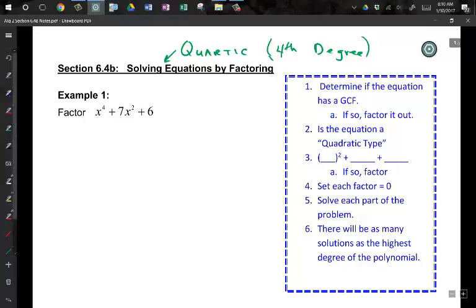So, next, is the equation a quadratic type? Is it something squared plus something plus a number? And so what we do is we look at this problem, and I say, you know what, this is kind of a quadratic type. It's something squared plus 7 times something plus 6.